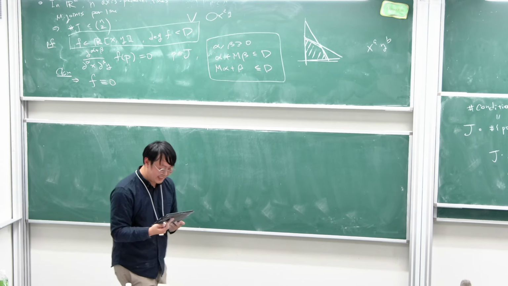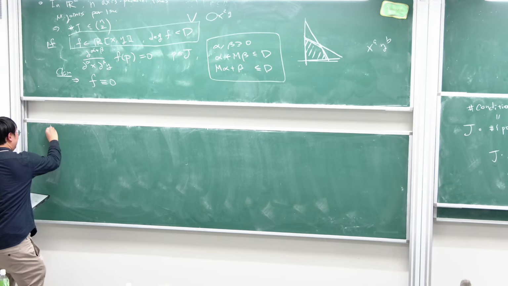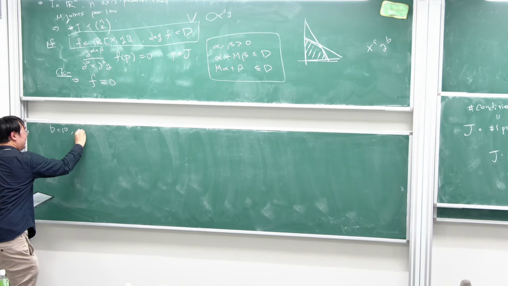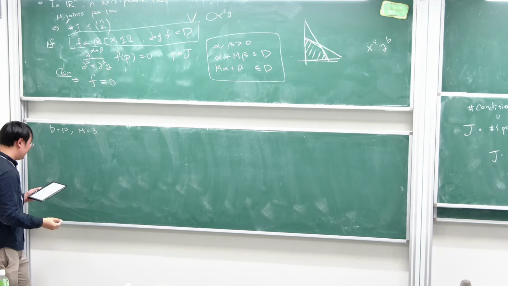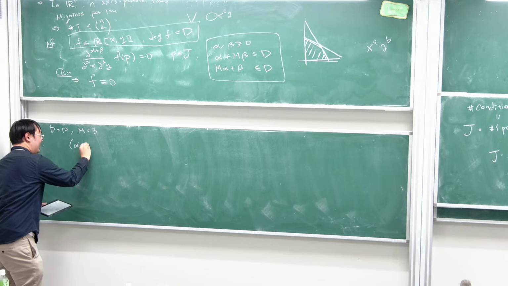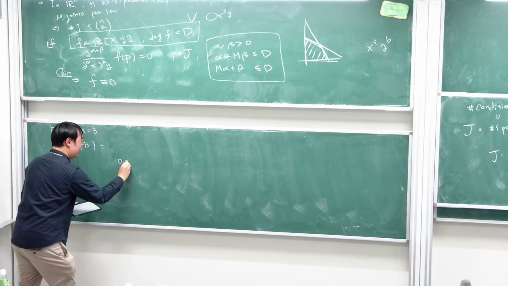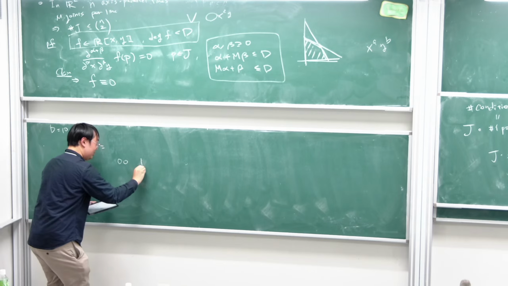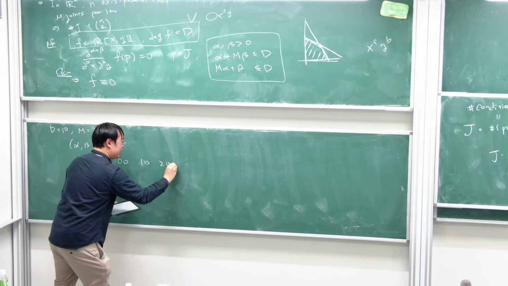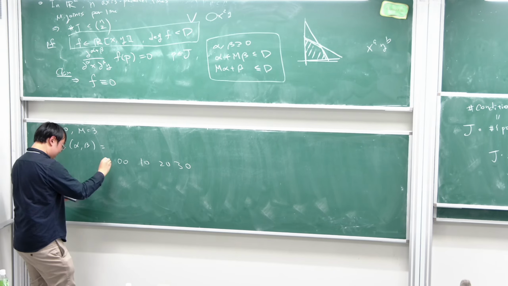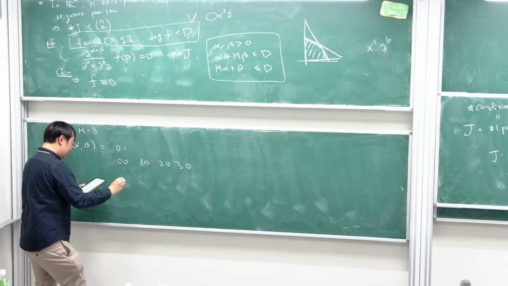Okay, in this case, let's say d is 10 and m is 3. So the set of alpha and beta will be like this. So you have 0, 0, 0, 1, 1, 0, 2, 0, and 3, 0.